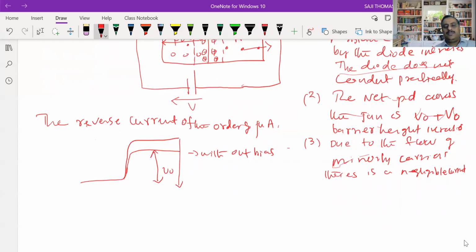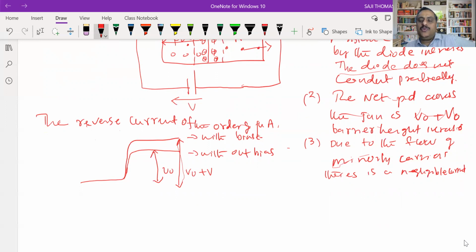And this is with bias. This will be V0 plus V. So this is about biasing of a semiconductor diode.